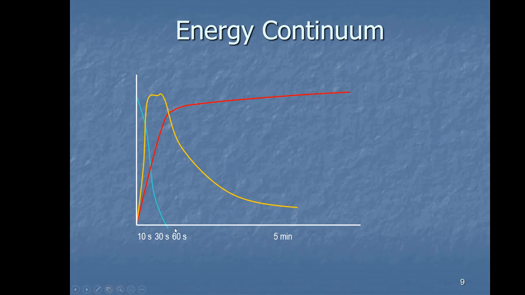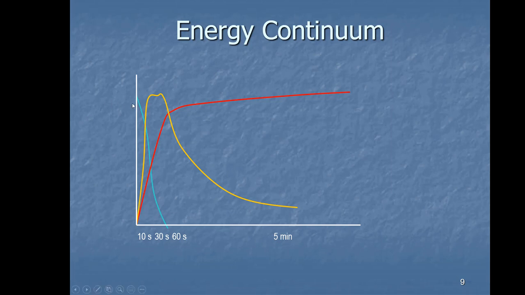For this graph to make sense, we have to assume an all-out effort. The best way to visualize what's going on here is to assume that you take off in a sprint, running as fast as you can, and you try to go, let's say, a mile or 2 miles. You're running as hard as you can the whole time. What this is showing is that in that first 10, 20 seconds, close to 100% of your energy transfer is going to be due to the immediate pathway.